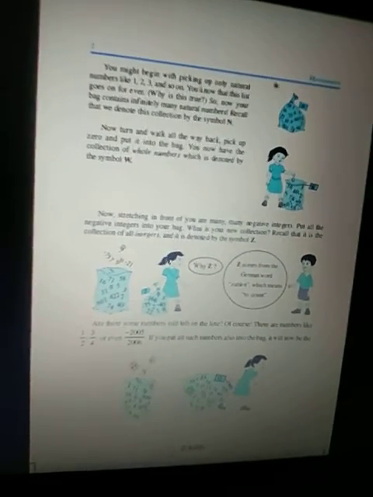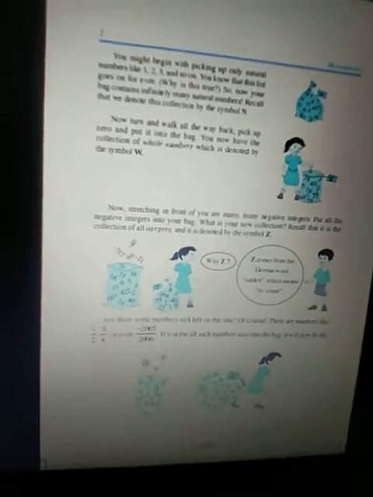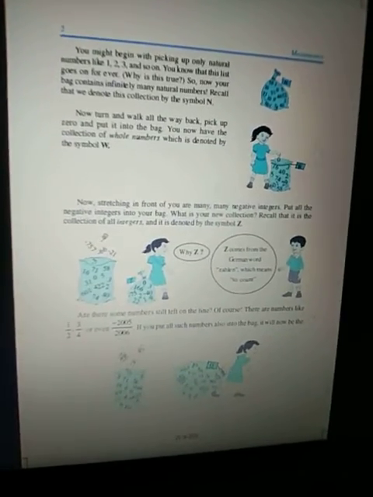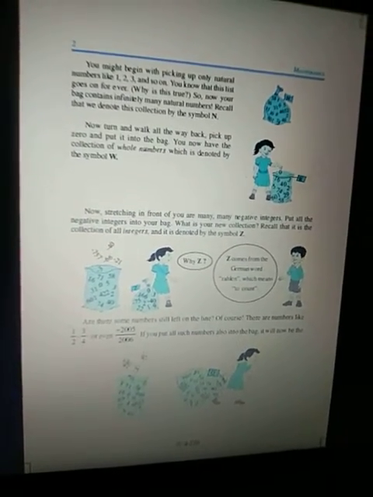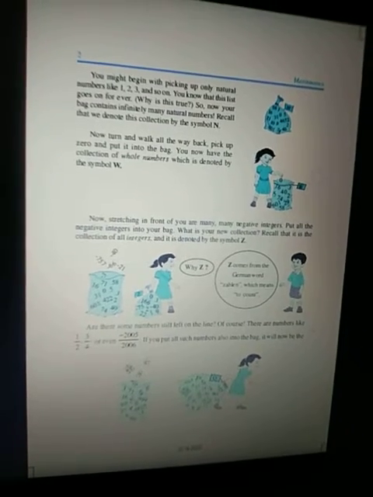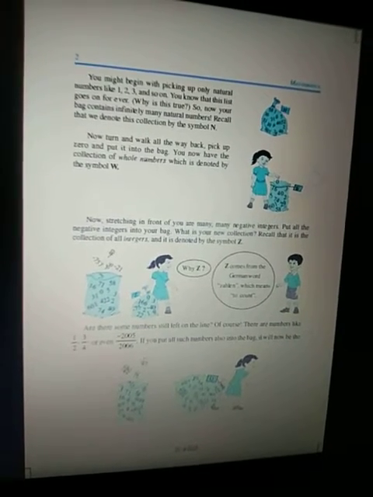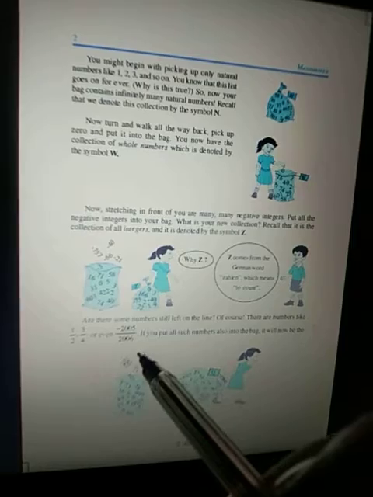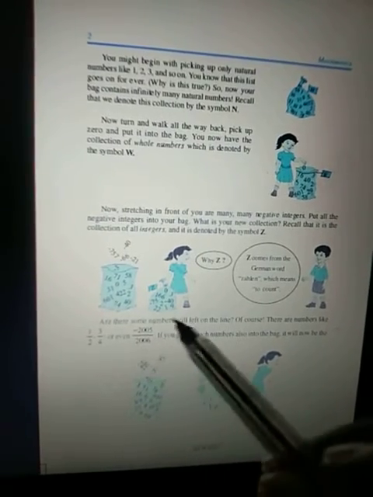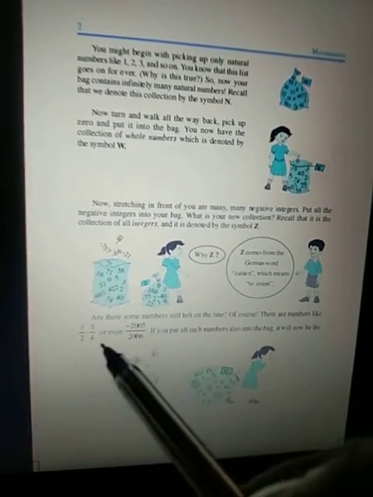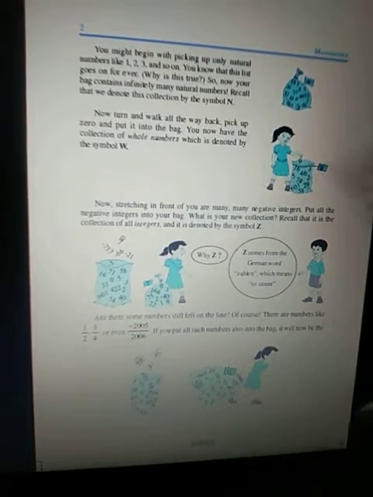Next are integers. Integers include numbers like 1/2, 3/4, and also -2005/2006. You can see these are all negative integers, and these are positive integers.